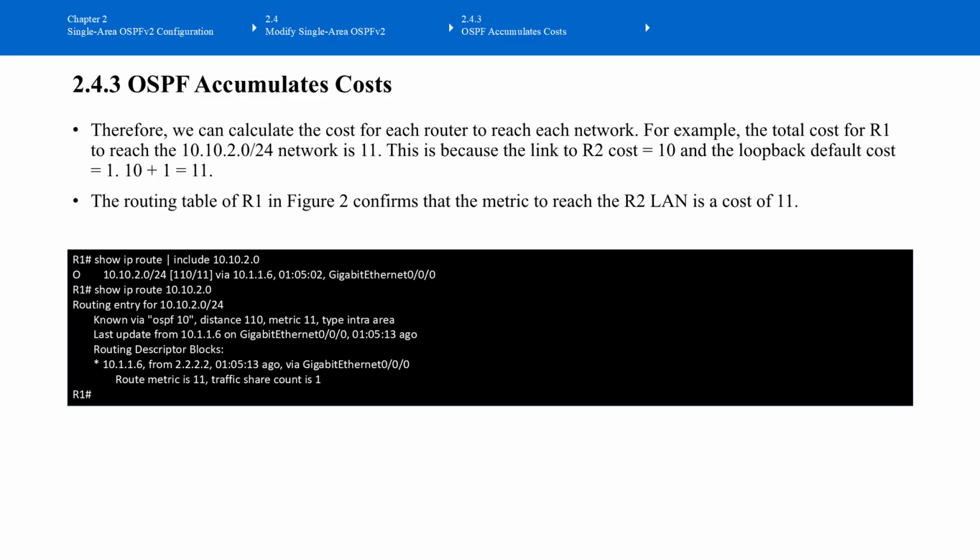The 110 is the administrative distance of OSPF. 11 is the OSPF metric, the total cost. The detailed output also says known via OSPF 10, distance 110, metric 11. So the router's calculation matches what we calculated manually.